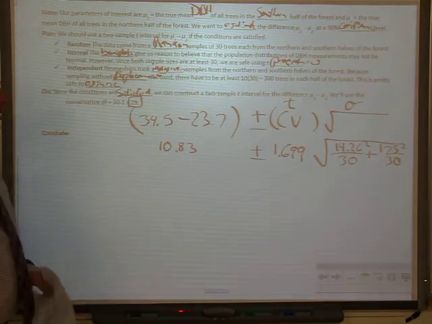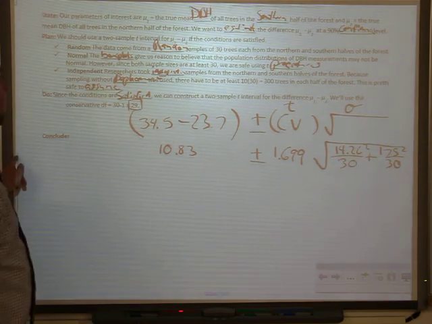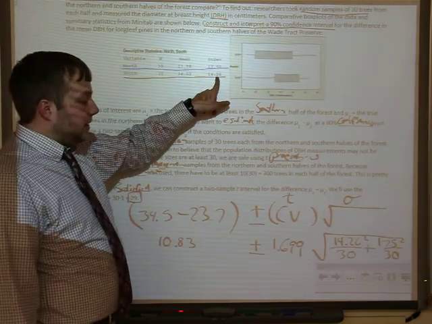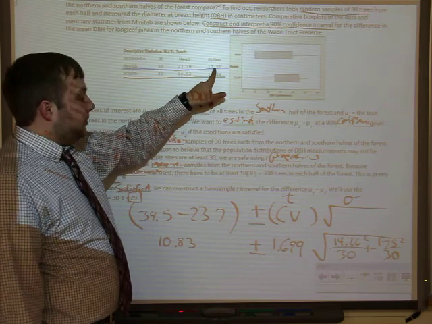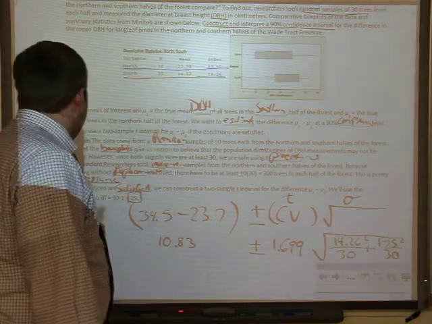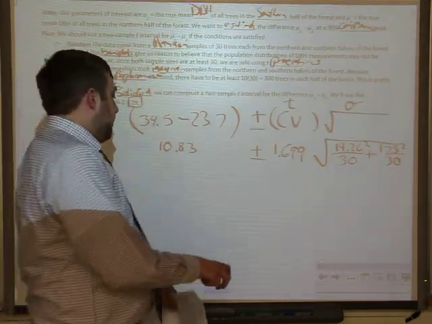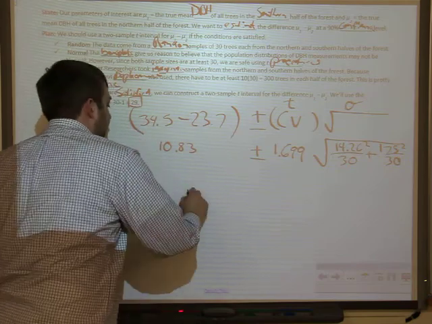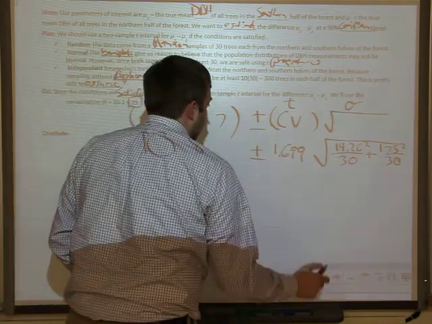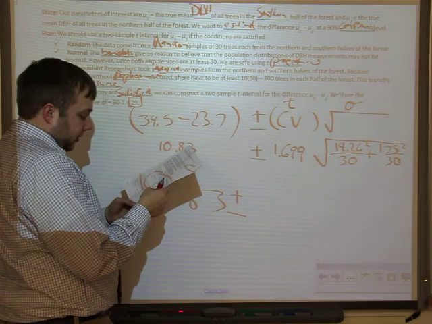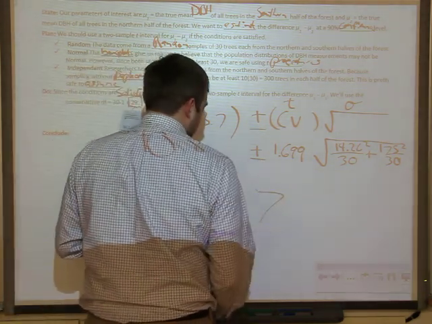The rest is history, guys. That was all standard deviations from my south to my north, 30 samples. I should get 10.83 plus or minus, final thing, I think, 7.